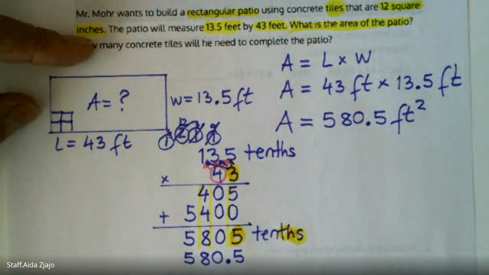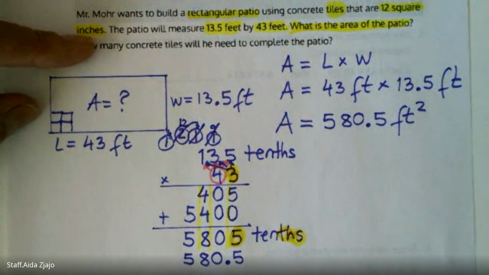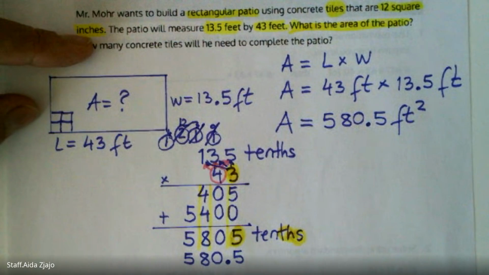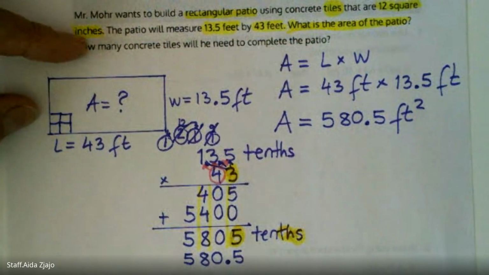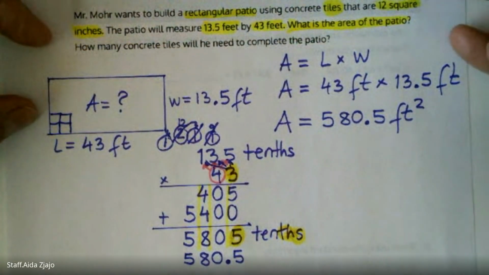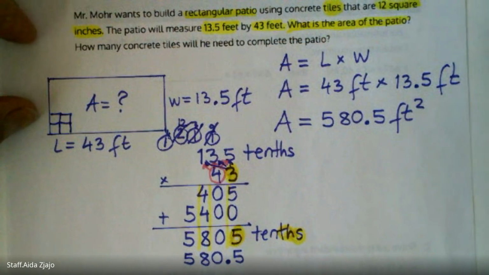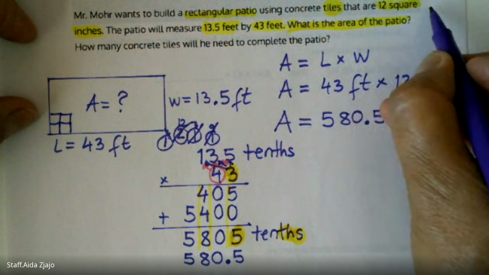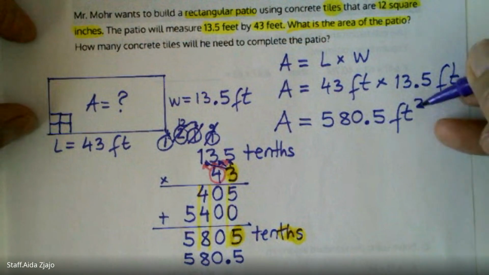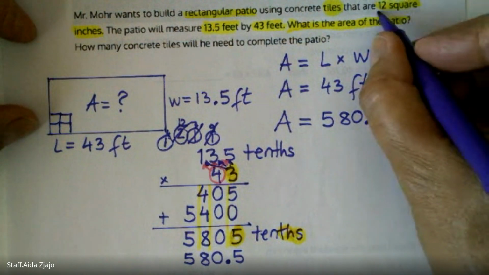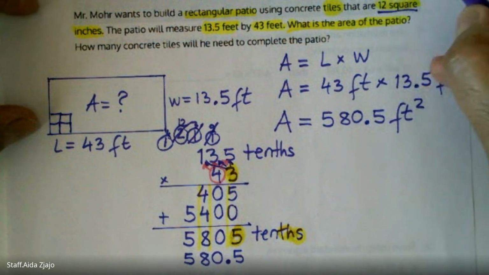So that means each square is 12 square inches, which is really 1 square foot.